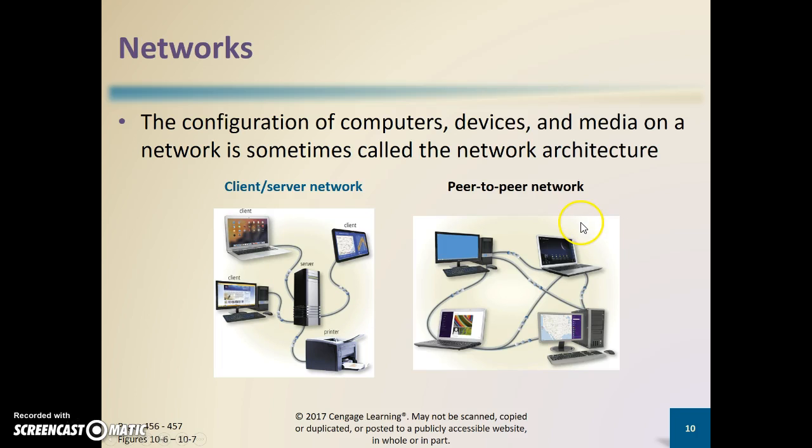In a peer-to-peer network, you have each computer or device acting as its own server or servicing other computers. It's simple and inexpensive, and usually fewer than 10 computers, and they all have equal capability.